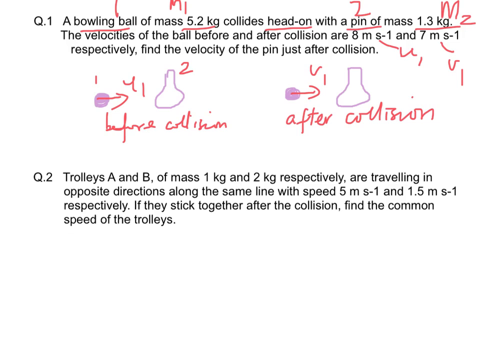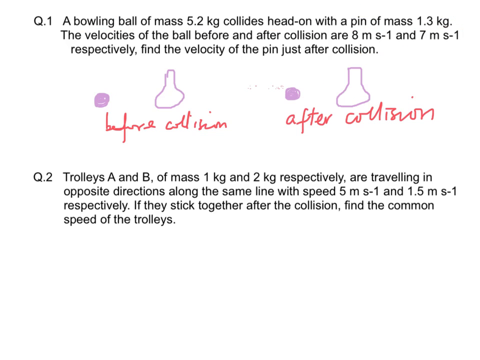You are asked to find the velocity of the pin just after the collision. By the law of conservation of momentum, we have m1 u1 plus m2 u2 equal to m1 v1 plus m2 v2.